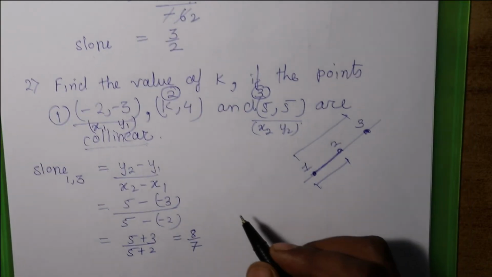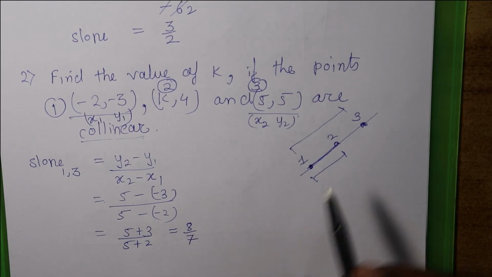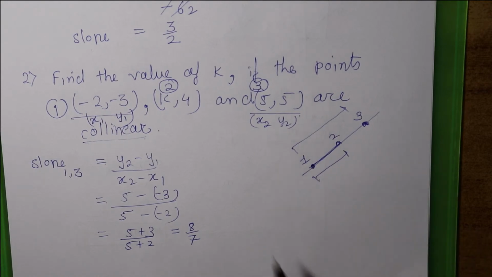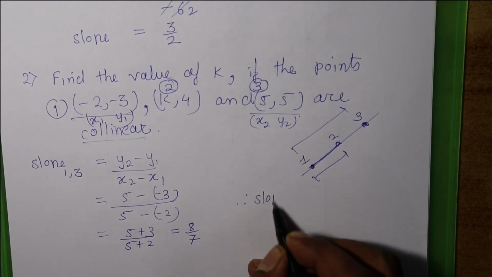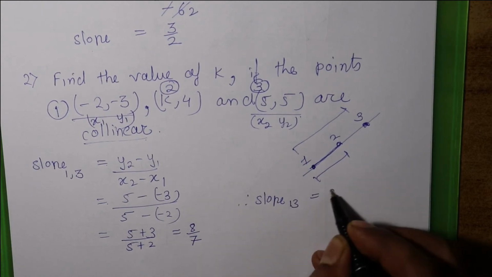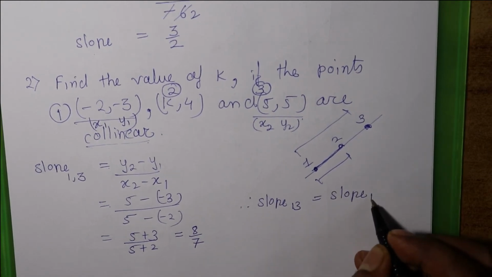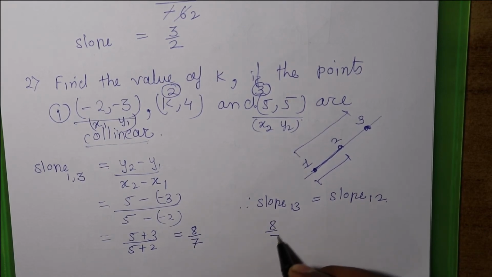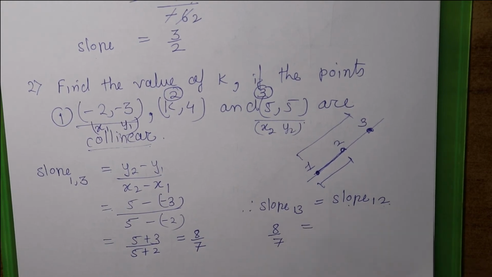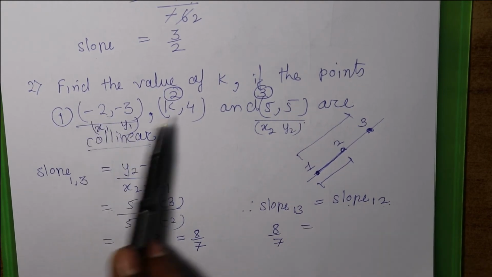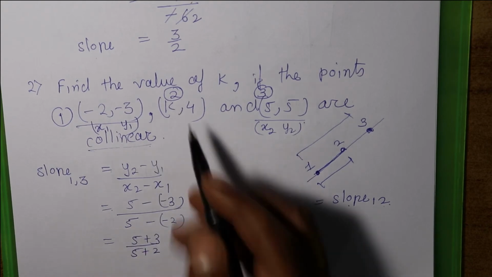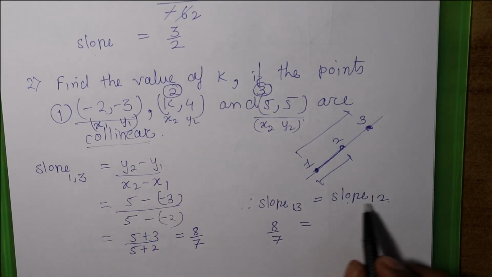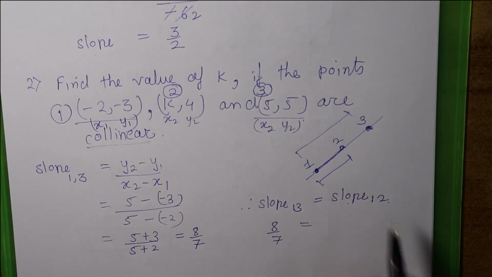Now we move further. We can clearly see that the slope of line 1 3 is equal to the slope of line 1 2. Therefore the slope of line 1 3, which is 8 by 7, is equal to the slope of line 1 2. So let me name the second point as x2, y2, and remember that I am going to use the slope between point 1 and point 2.